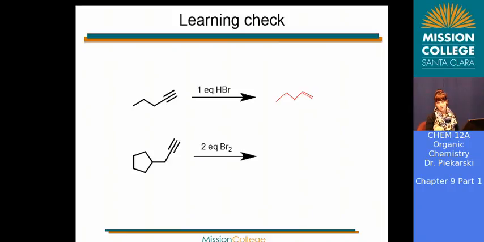And it follows what kind of regiochemistry? Markovnikov's rule. Good. So therefore, the bromine goes on the more substituted side. Good. And that's your product for the first one. And the second one, we have 2 equivalents of Br2. So what kind of product are you going to make? A tetrabromide. Good.